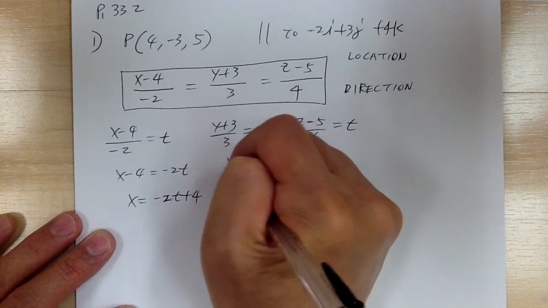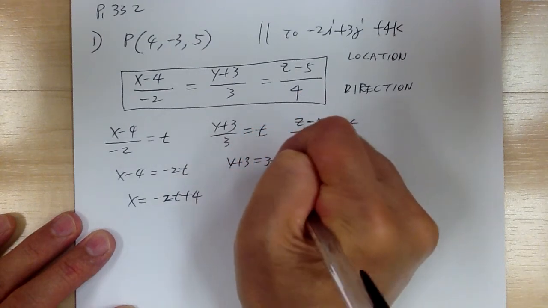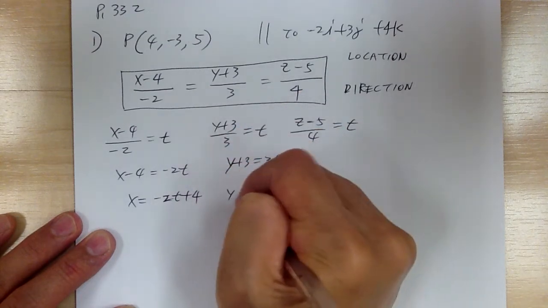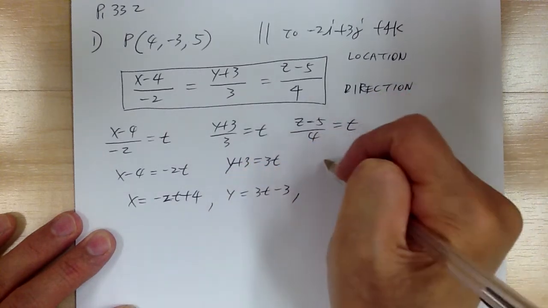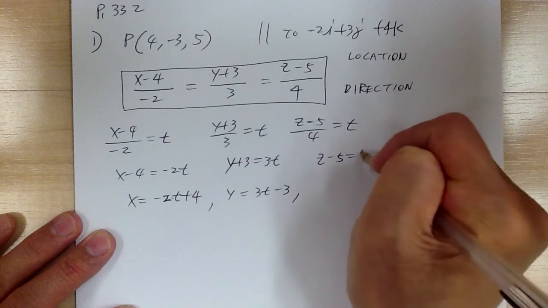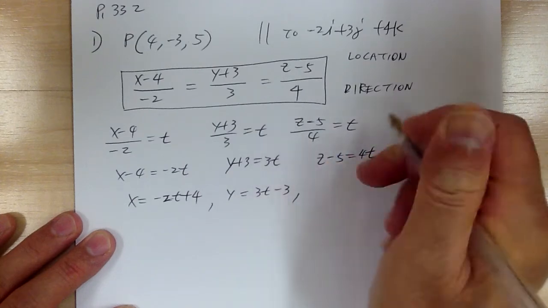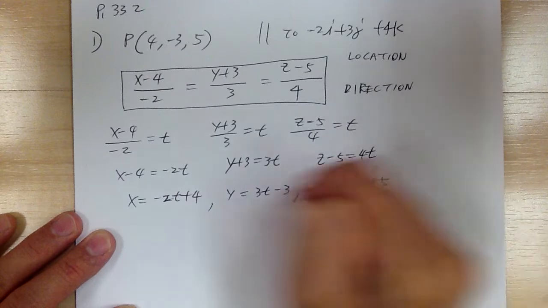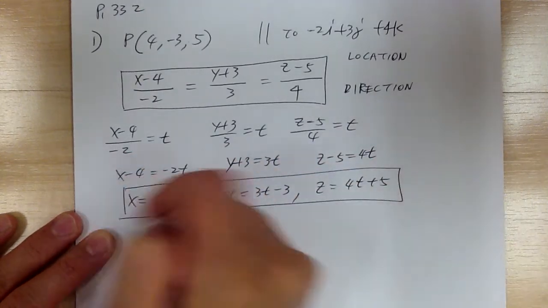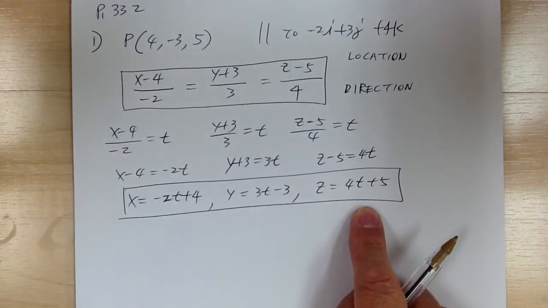Cross multiply: y plus 3 equal to 3t, so y equal to 3t minus 3. Cross multiply: z minus 5 equal to 4t, so z equal to 4t plus 5. That's your parametric equation.